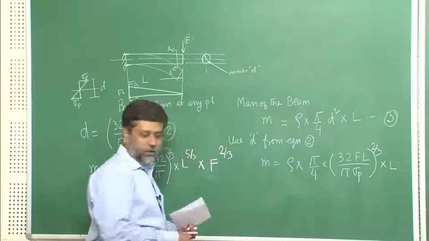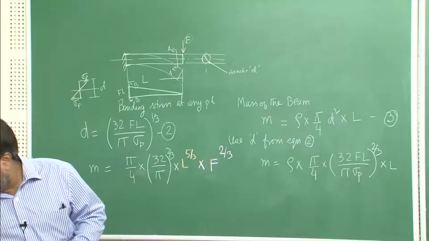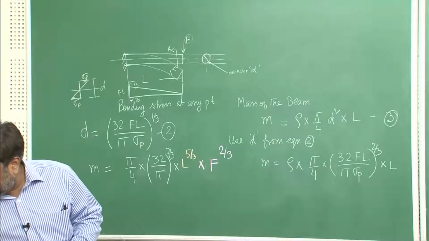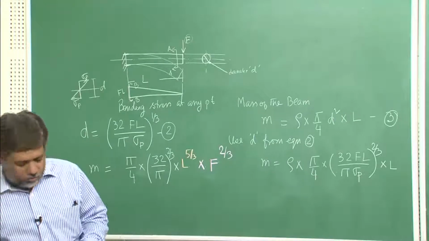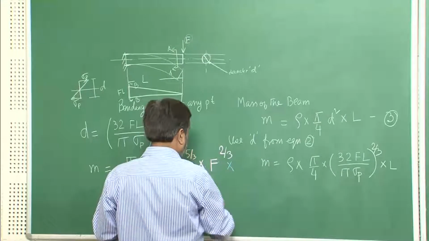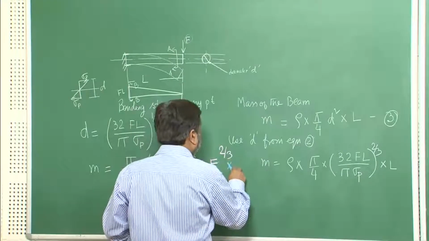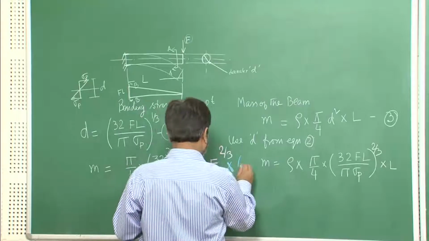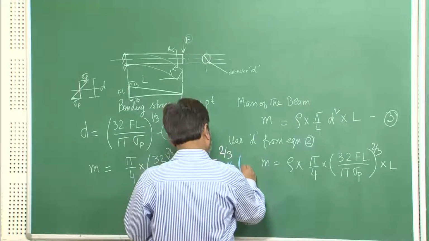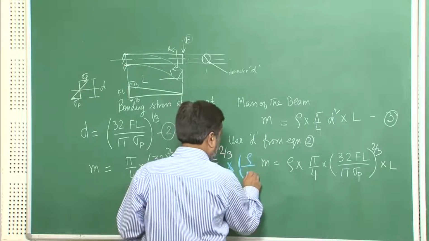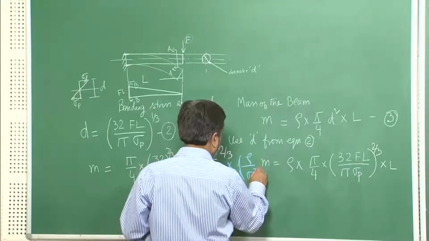And finally, we are boiling down to the materials part of the system, which we can write as multiplied by rho over sigma p to the power 2/3.